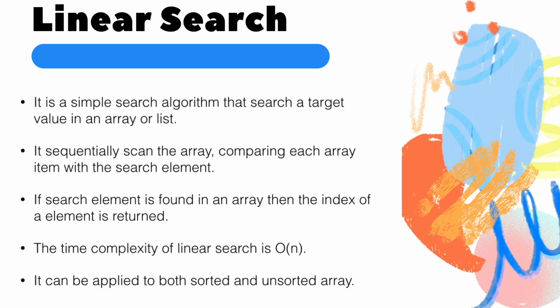And if we are able to find the target in that array, we will be reporting its position or index, and that would be the result of doing a linear search. At times we may end up reaching the end of the array, but the target element is not found in that array. In such a case, we will report that the target element is not found in the array.